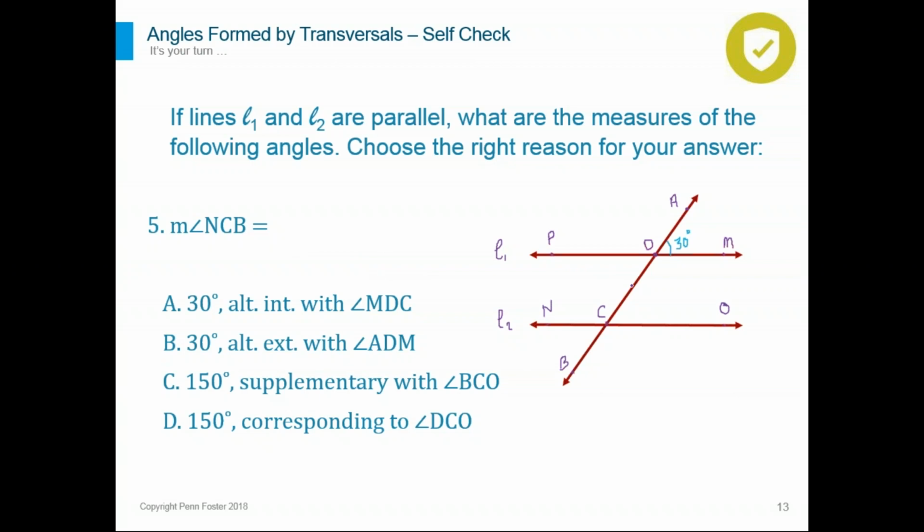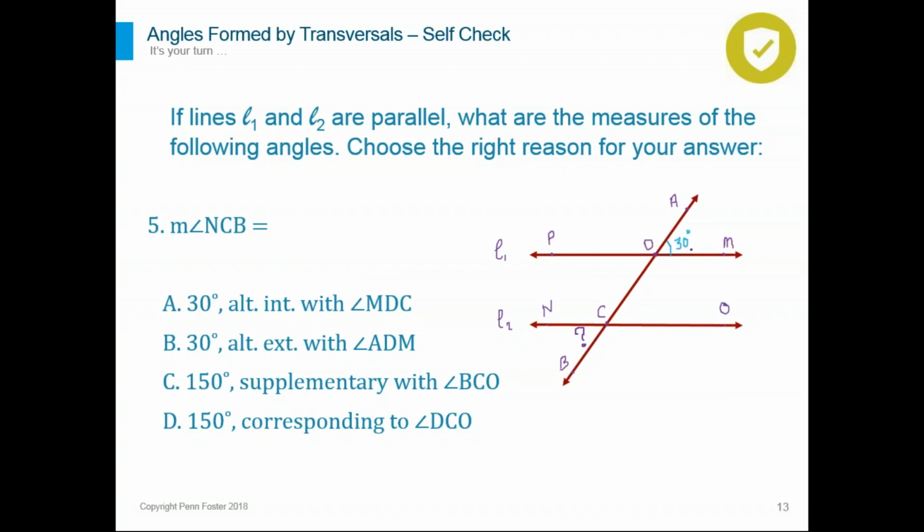Whenever an angle is given in the question wording, I want to point at it on the figure given. In my mind, I relate the other angles to that angle. So NCB is the one we're asking the measure for. The only given is that the 2 lines are parallel, and also they gave us the angle measure ADM to be 30 degrees.